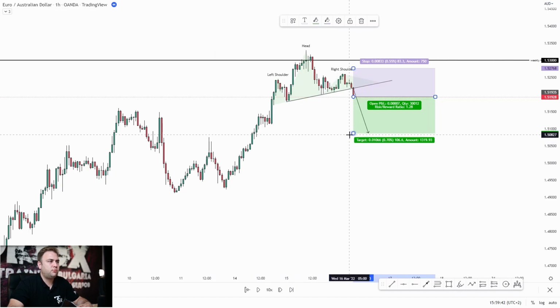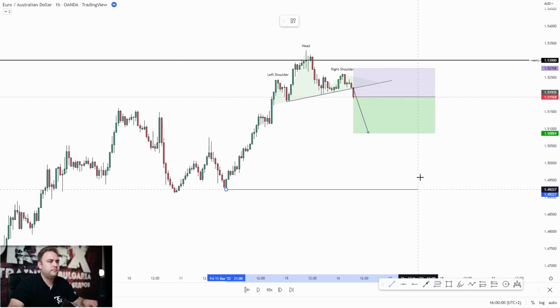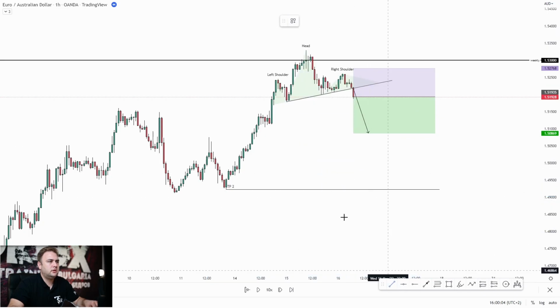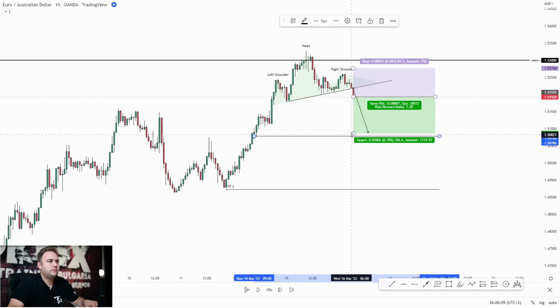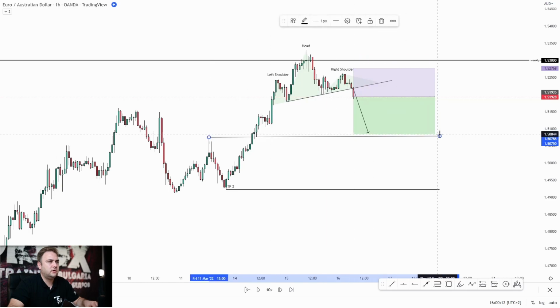As you can see, this profit is exactly at this high over here where the price has made a correction. Okay, this is our first take profit. Our second take profit obviously is going to be on these lows over here. This is take profit 2 and this is take profit 1. Around this level over here.